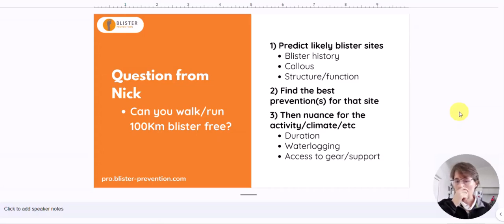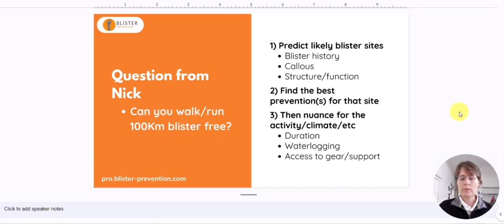Well, that often doesn't happen, because either you don't feel the hotspot stage, depending on what you're doing, it can be relatively subtle and you just miss it, or you ignore it, because you're often umming and ahhing about what you're going to do, or there's pressure to keep going, and by the time you think, okay, I'll do that, it's too late. You've got the mechanical fatigue and the blister is on its way. Even if it doesn't occur straight away, it can take 2 hours to form.